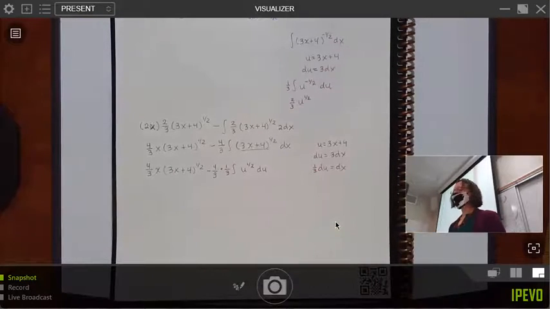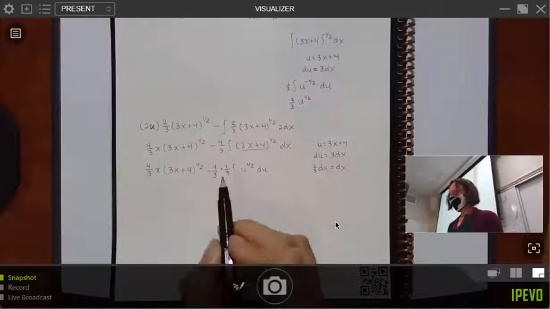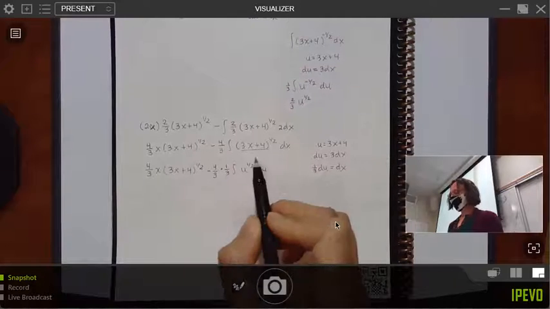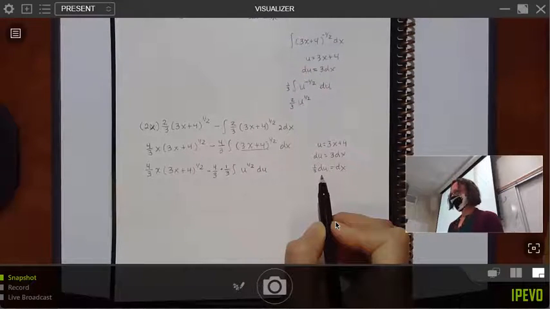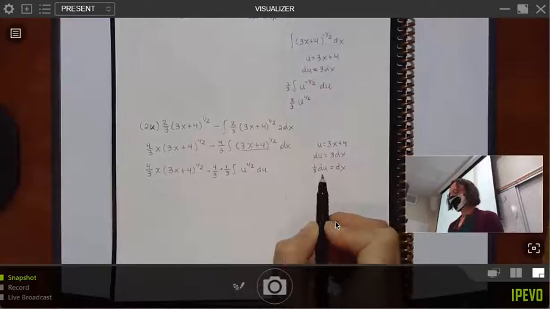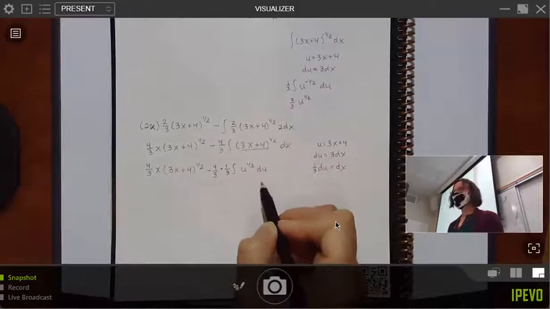But I want to make sure I haven't made more mistakes. So absolutely, let's make sure we're doing okay. This 1/3 from my u substitution, it's okay to put it in here as du divided by 3.